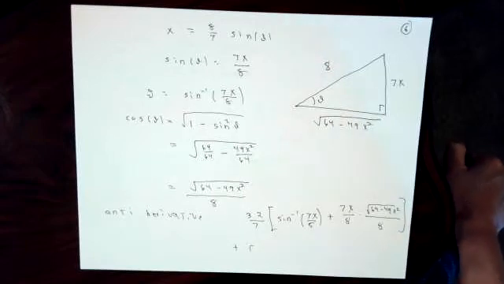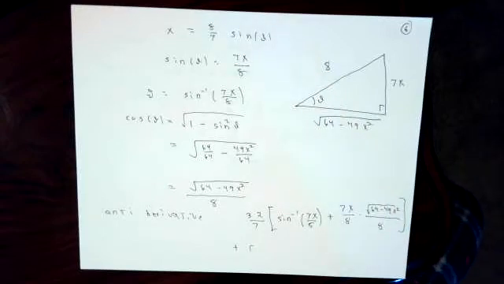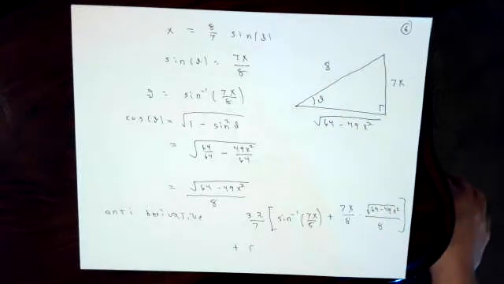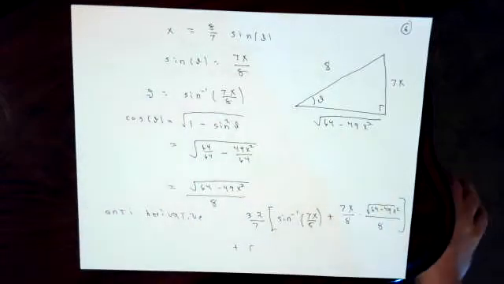In my antiderivative, I actually had theta all by itself. Because of the range of theta values that we're using, it's safe to say theta is inverse sine of 7x over 8.